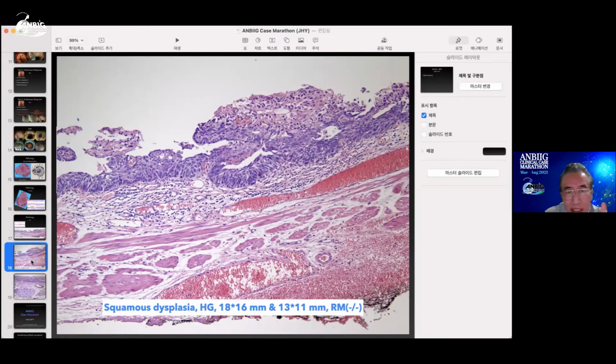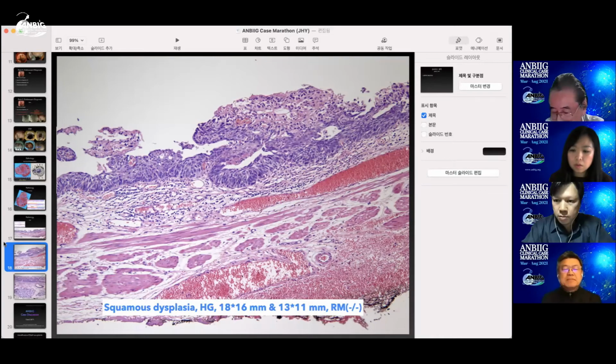It quite often happens. This magnifying image demonstrated these findings very well. Any comment from the pathologist that this case is squamous, but there is some adenomatous granular-like growth of the squamous cell?